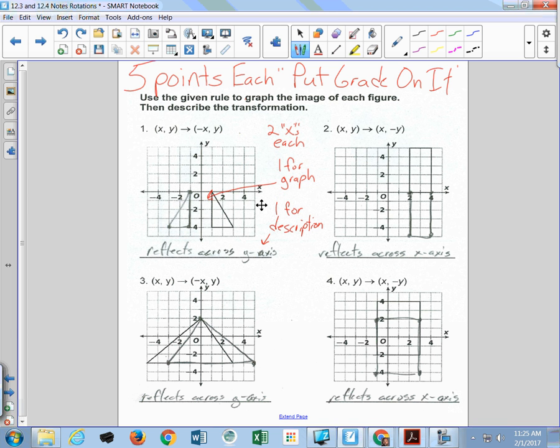We'll fix it tomorrow. Just get it all passed up. You've got 10 seconds. All right, 5 seconds. Everything should be taken up.